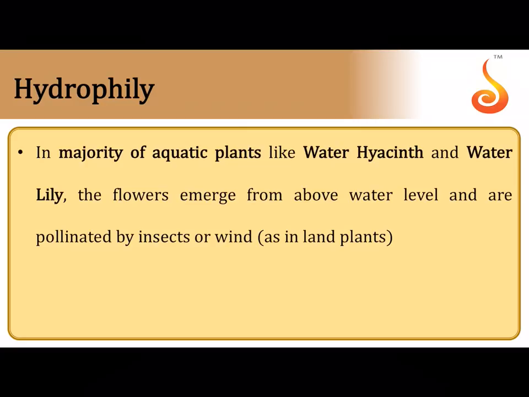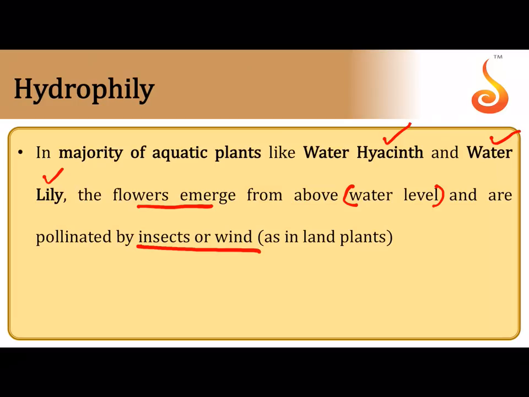However, you will be surprised to know that in the majority of aquatic plants, like water hyacinth or Eichhornia and water lily or Nymphaea, even though they are growing in water, their flowers project out of the water surface, and they are pollinated by insects or wind, just like land plants.